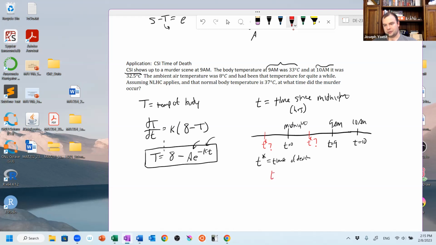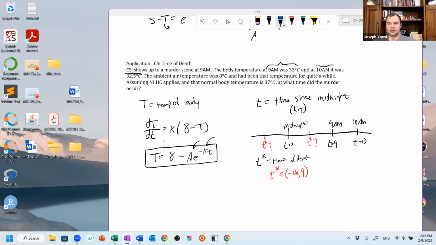So t star is in negative infinity up to 9. So we definitely shouldn't get a number like 20 or something, but this is quite a wide range, but at least we have a constraint on where we think t star will be.